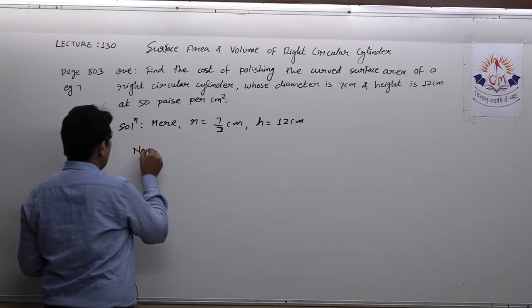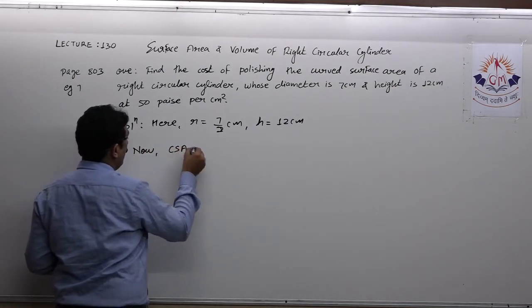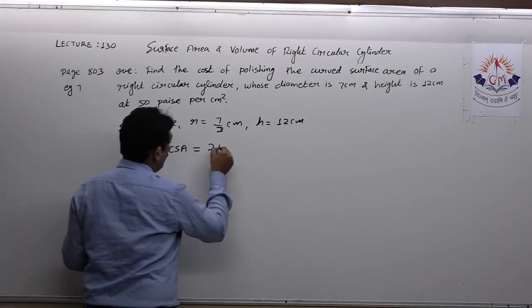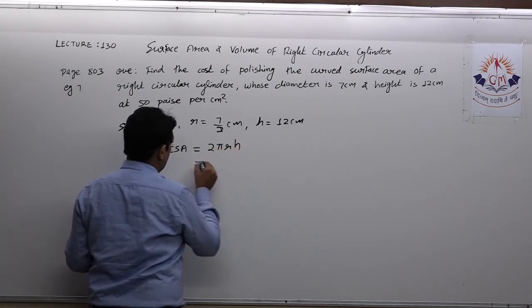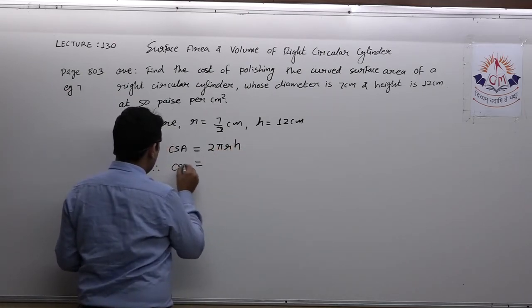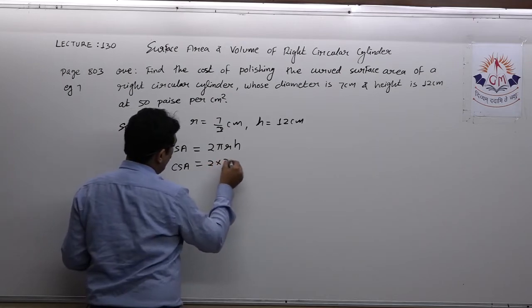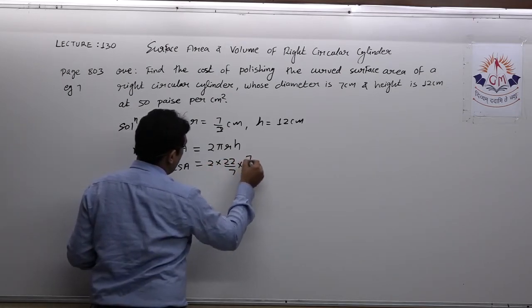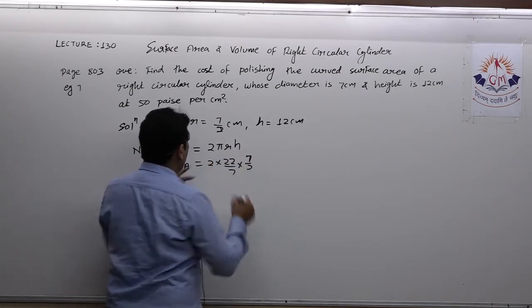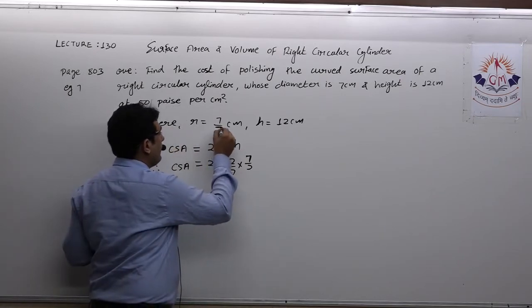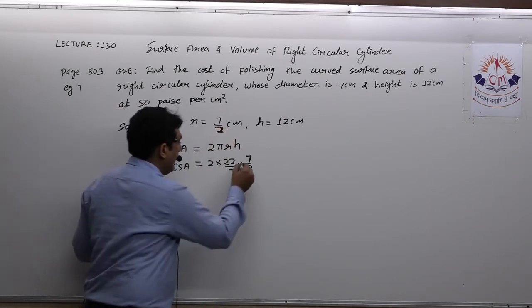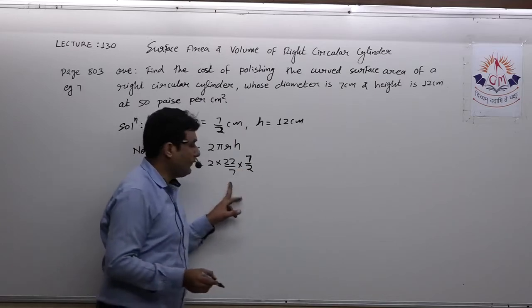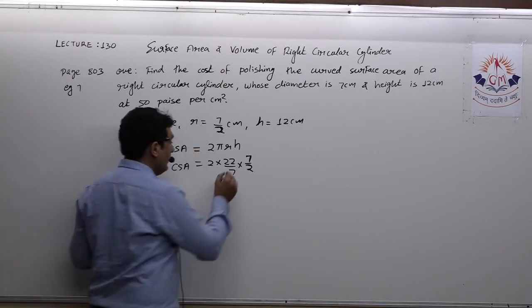Now the first thing that I will find is CSA. Curved surface area is equal to 2 pi r h. Therefore CSA is equal to 2 into 22 upon 7, radius is 7 by 2. See, intentionally I took 7 by 2. I can also write 7 by 2 as 3.5, but I knew that pi is there, 7 is there, we can cut them directly.